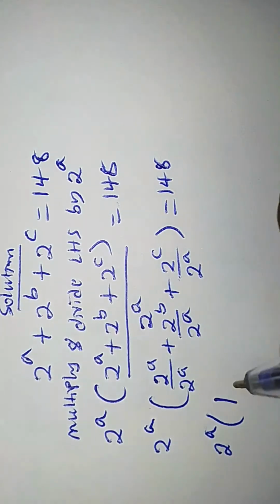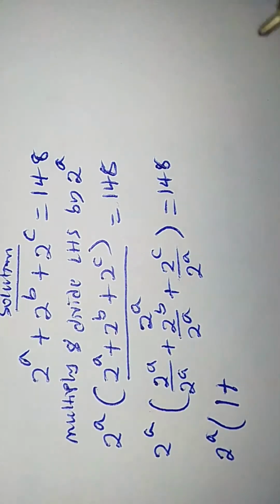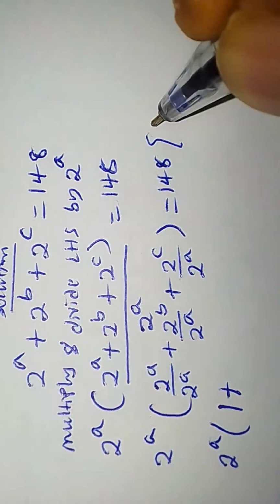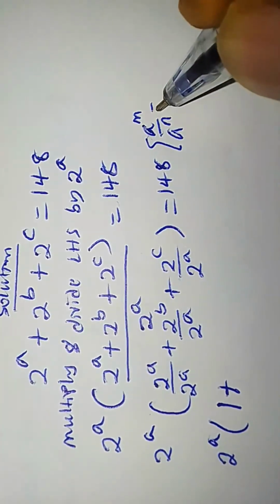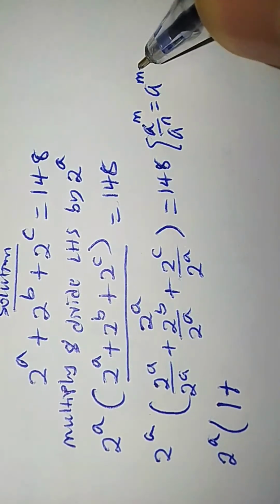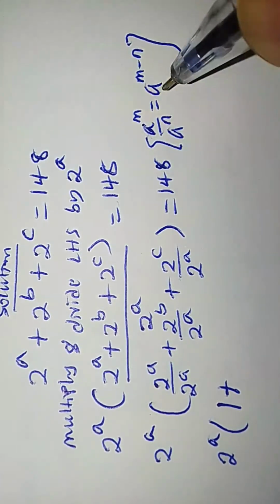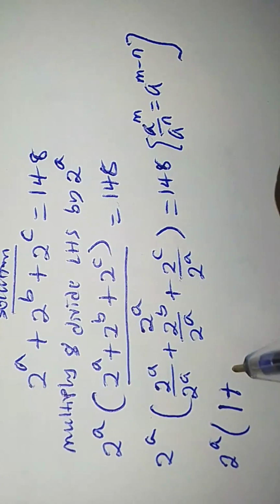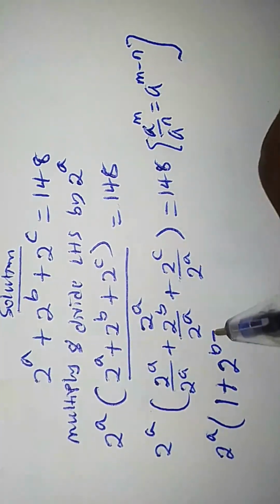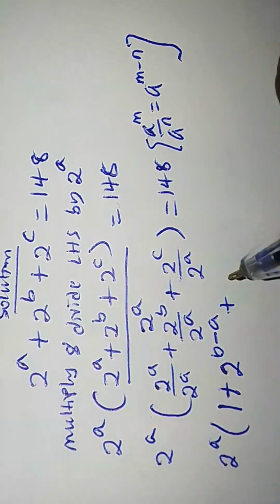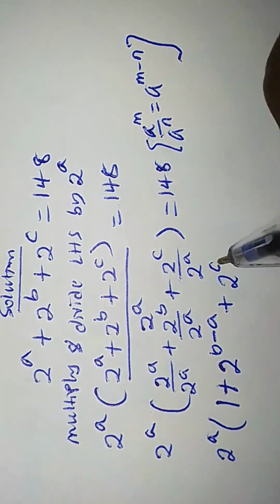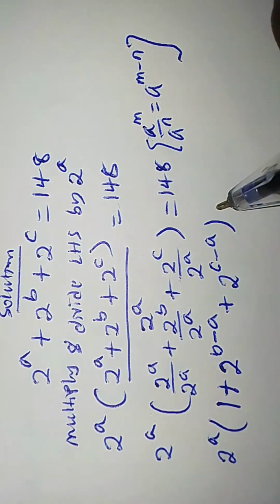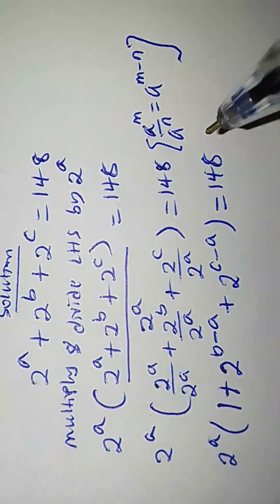We have 1 plus. Now recall that a raised to m divided by a raised to n is equal to a raised to m minus n. Using this property on this, we have 2 raised to b minus a plus, using the same property on this guy, we have 2 raised to c minus a equal to 148.